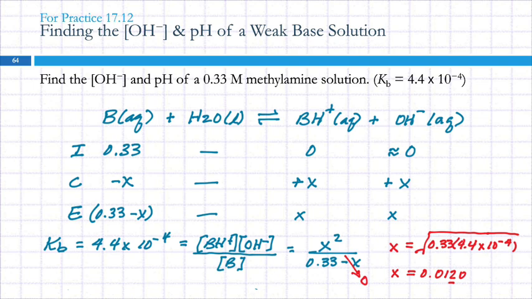Yes? How do you get the non-negative x? That's a good question. Start with 0. So instead of starting with some other number, start with x is 0. And that's what gives you the positive.